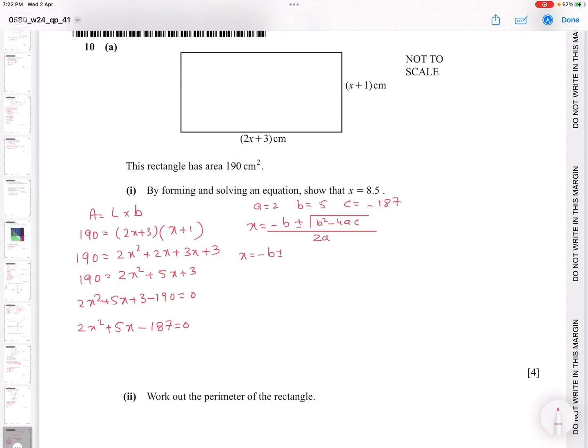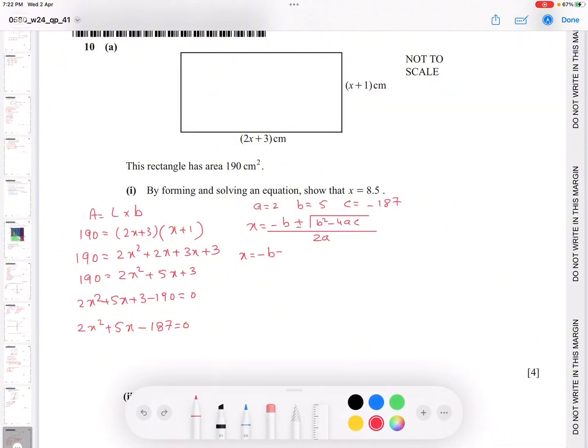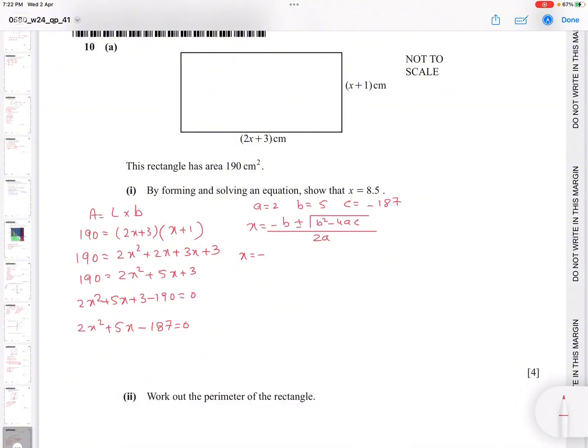Minus 5 plus minus square root of 5 squared minus 4 into 2 into minus 187, whole over 2 into 2.